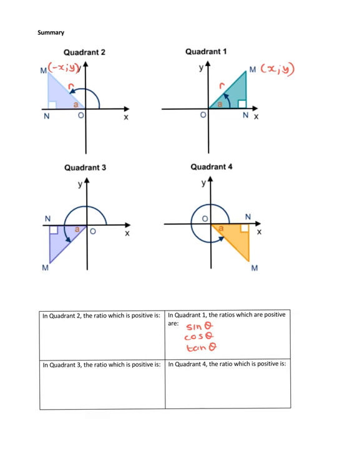So in quadrant 2, we found that it was only sine which was positive, because our ratio for sine is y over r. So for cos and tan, since they use that negative x in their ratio, in their fraction, those ratios always came out as a negative. So only sine is positive in quadrant 2.